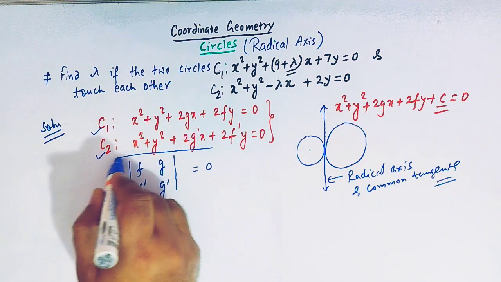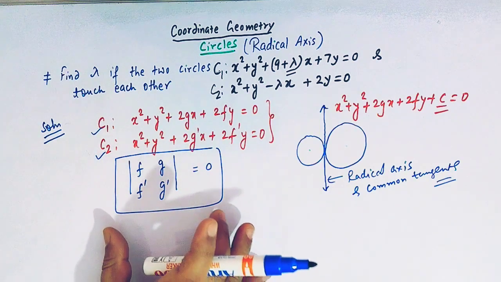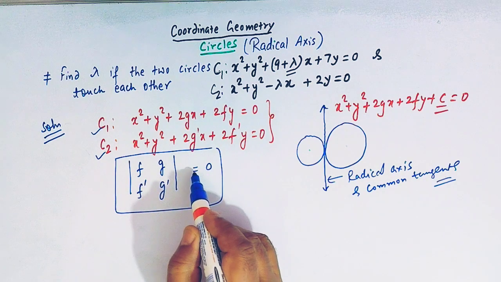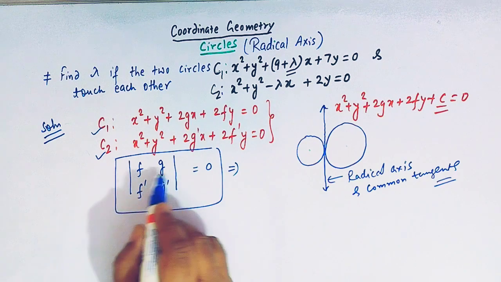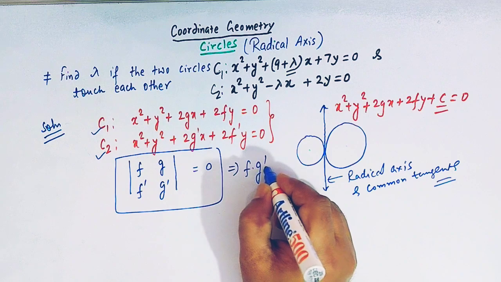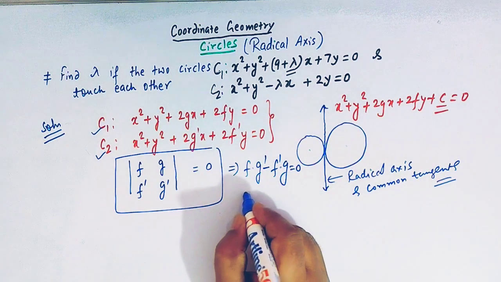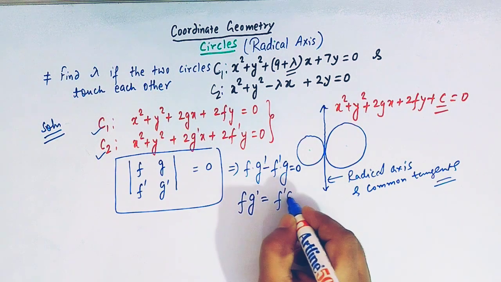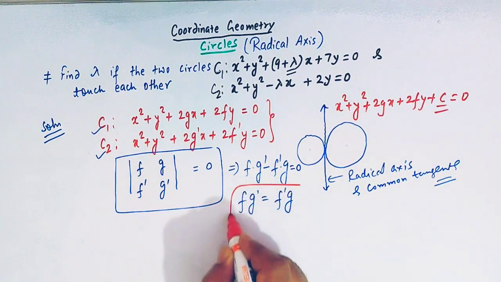So the condition for these two circles C1 and C2 to touch each other is given by this determinant, which is equal to 0, right? We can also write this condition as f times g prime minus f prime times g is equal to 0, that is fg dash equal to f dash g, right?